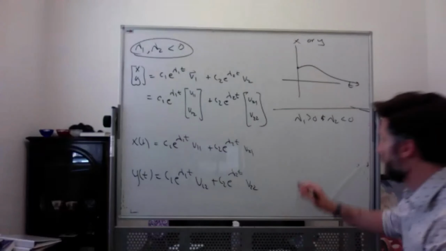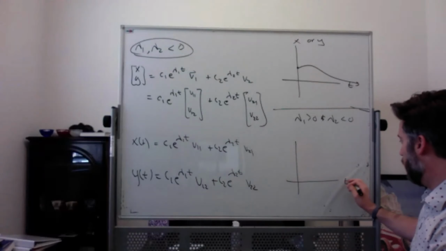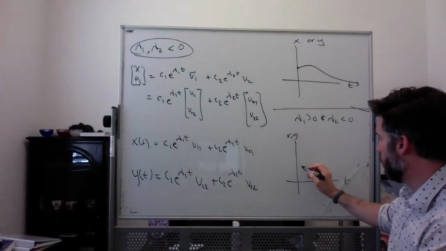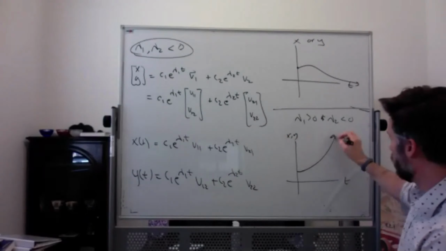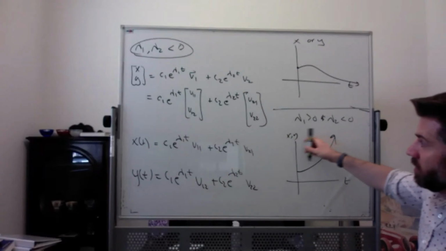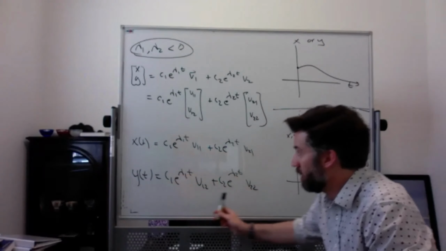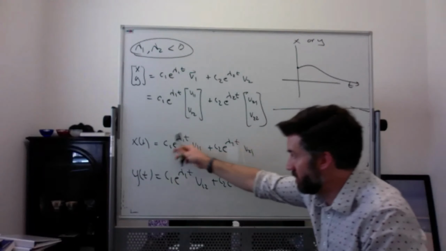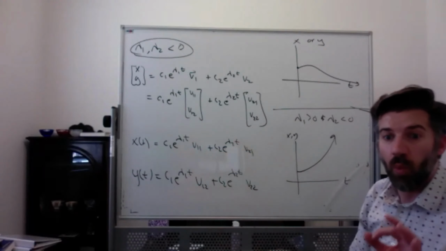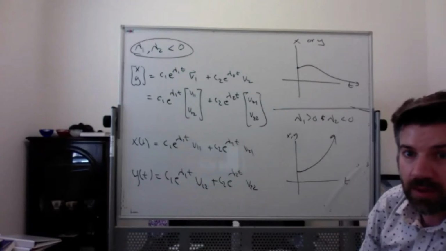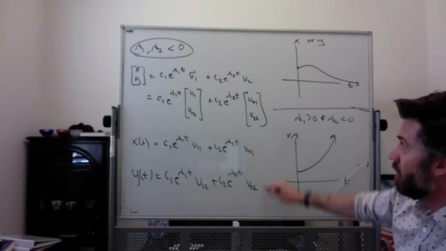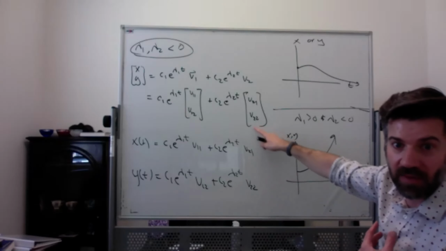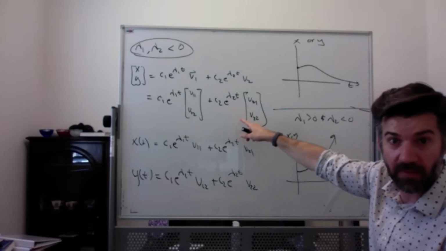So we still have the same sort of thing, that both x and y are getting larger and larger and larger, because again, this term where lambda is positive is going to blow up. The one exception is if you happen to be on the eigenvector for the eigenvalue that's negative.